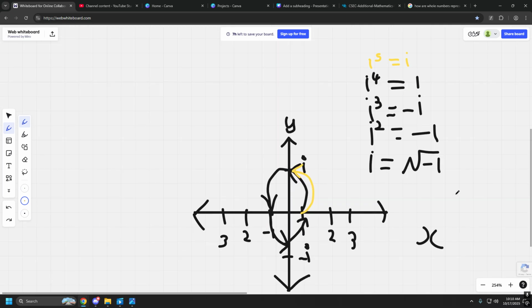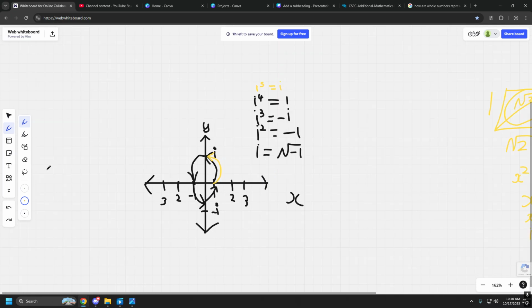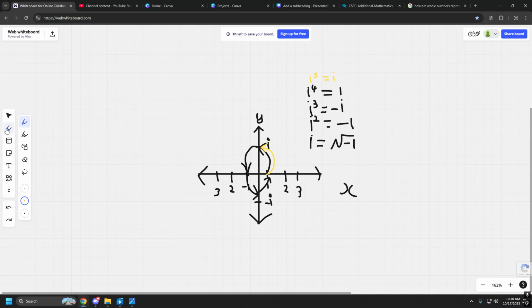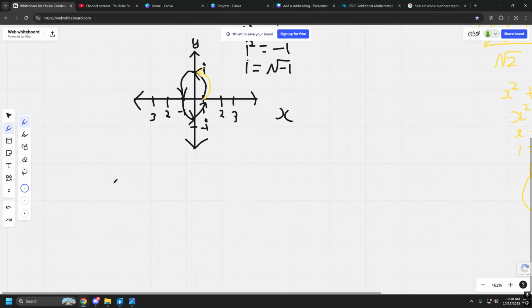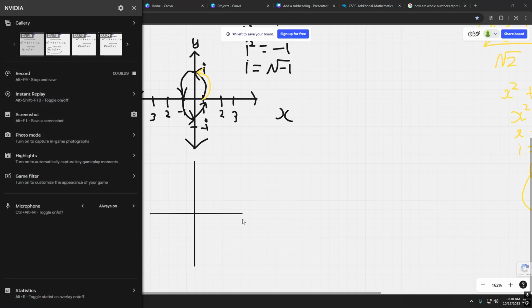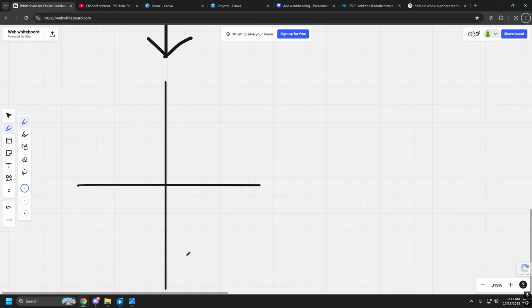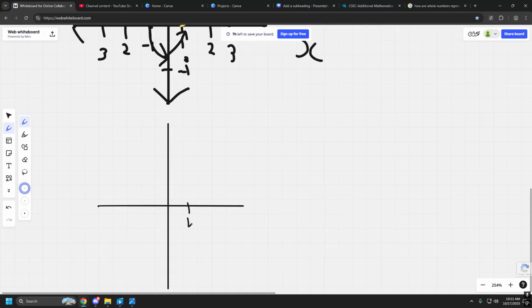Okay, so now I'm going to show you how to actually plot these imaginary numbers on the complex plane, or whatever it's called. Alright, so we have a graph right here of the real numbers on the x-axis, and then we have the imaginary numbers.